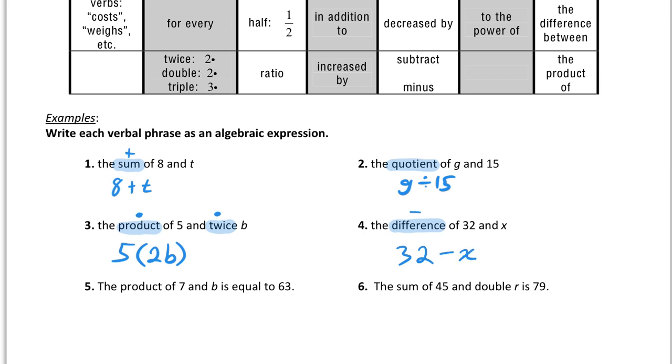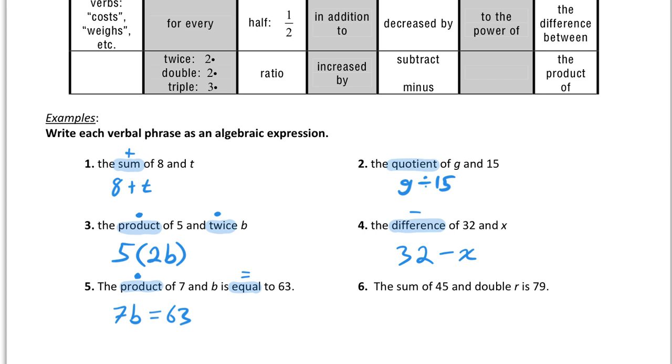In the next question, we have the product of 7 and b is equal to 63. So product we know is going to be multiplication, so we'll put a dot above it, and equal, we know that symbol. So now we go, the product of 7 and b, so 7 times b, is equal to 63.